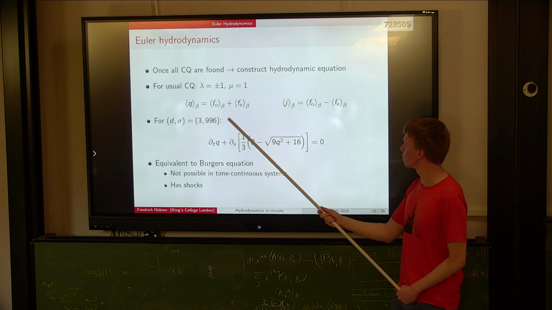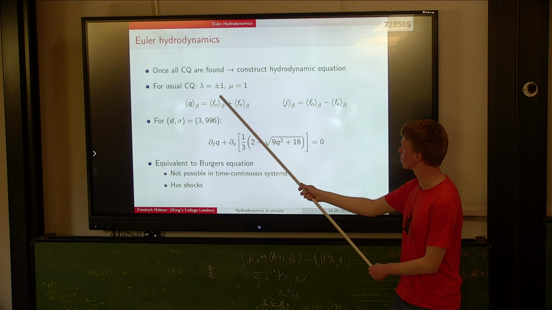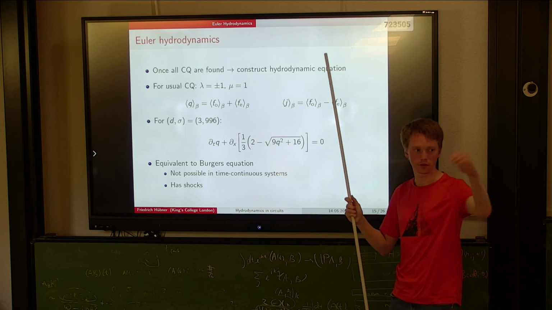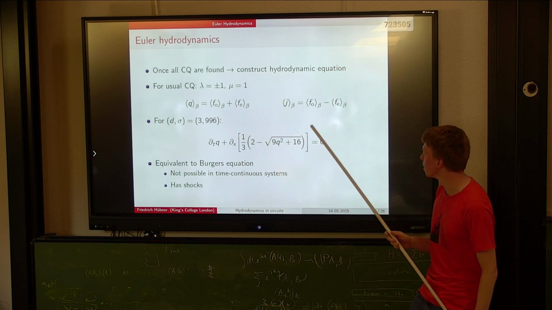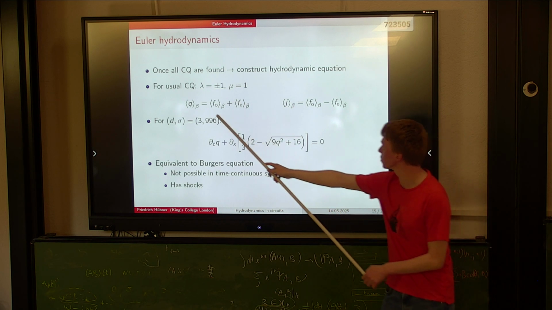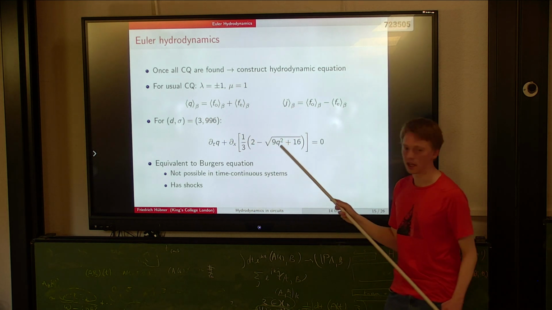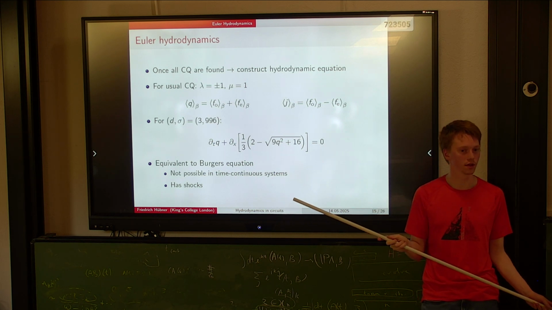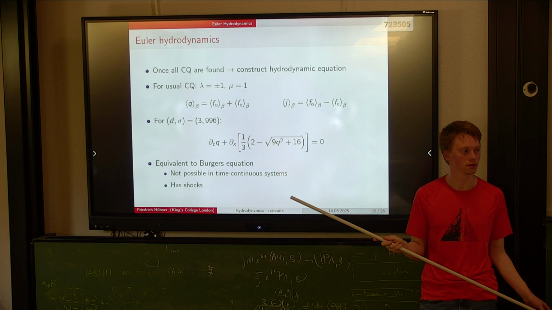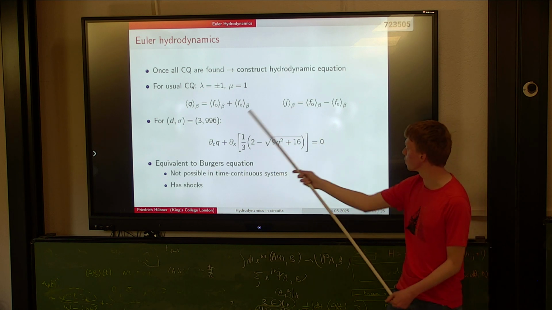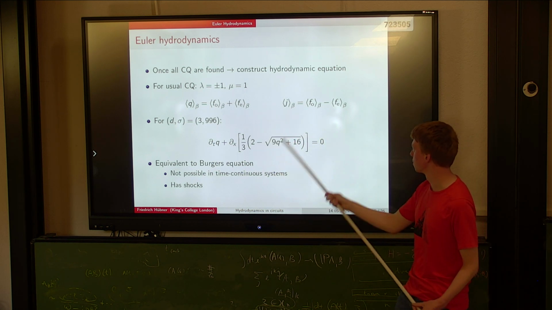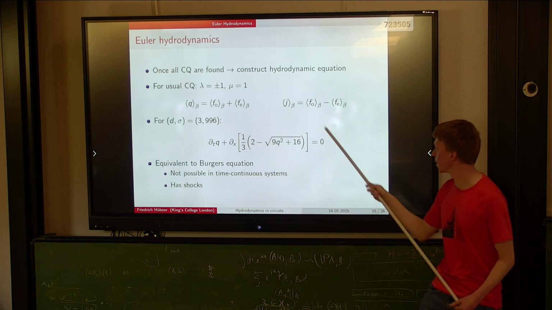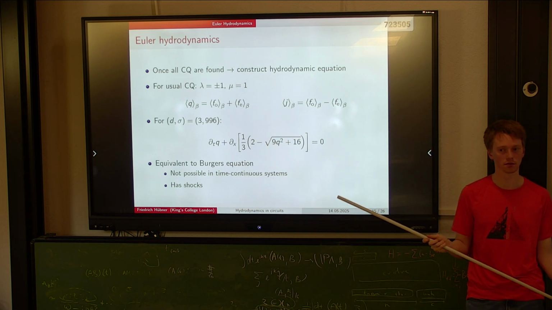For usual conserved quantities that are conserved after 2 time steps, the explicit formulas are here. The charge is the sum of the contributions from the even and the odd side, and the current is the difference between what's on the even and on the odd side. And for instance, for one of the models that I showed you before, we can just compute this explicitly, and then we find a hydrodynamic equation that looks like this.